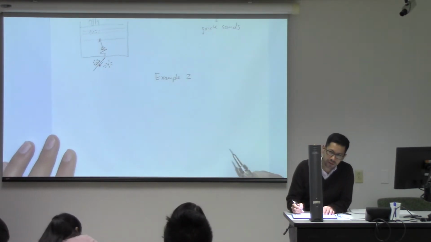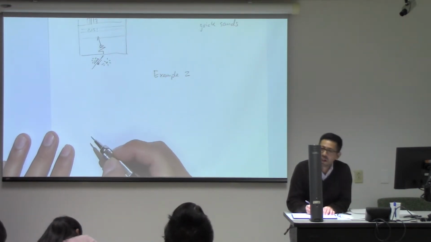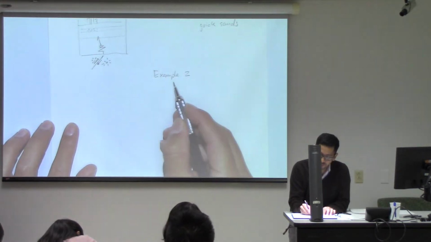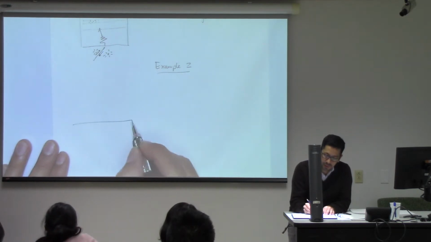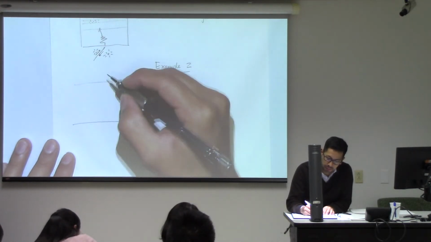Okay, example number 2. Rapid drawdown? Okay, no, but I want to go to the civil engineering example before going to that. Are you guys familiar with the Leaning Tower of Pisa?